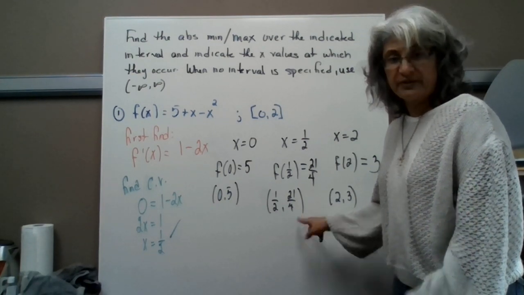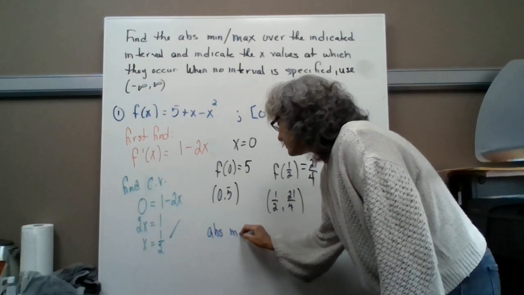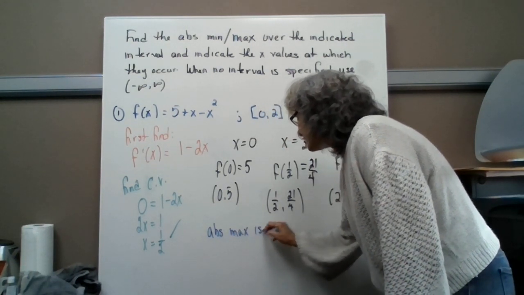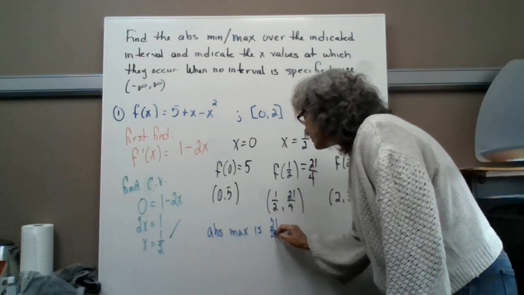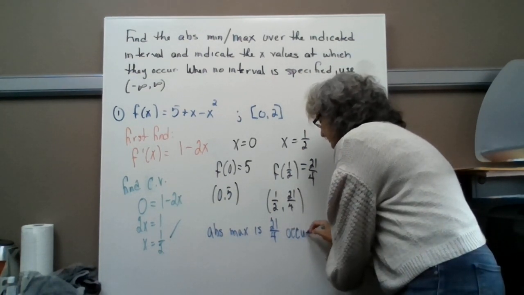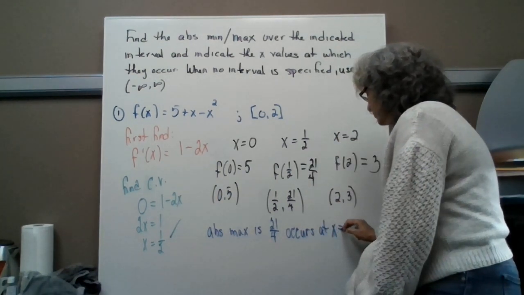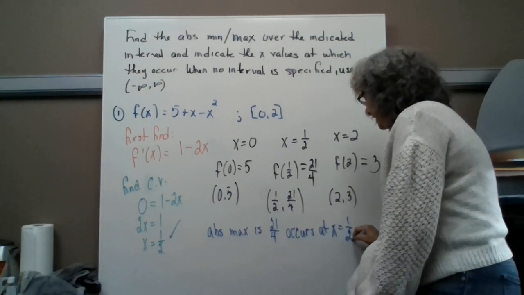So here's how we write this. We say the absolute max is 21/4. It occurs at x equaling 1/2.